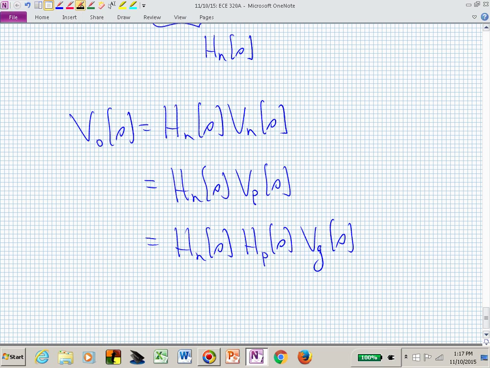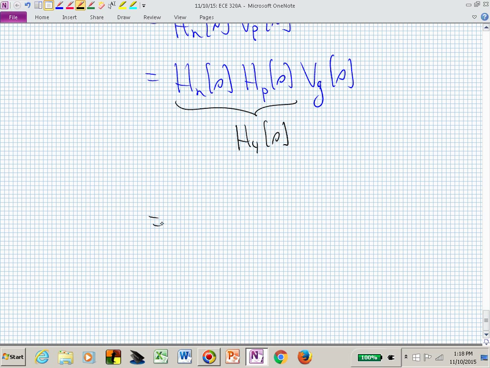And this combination of those two transfer functions I will now call my total transfer function between the source, V sub g, and the output of that op-amp, V sub o. That's now h sub 4 of s.